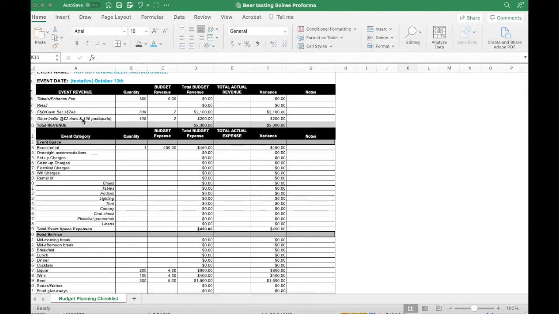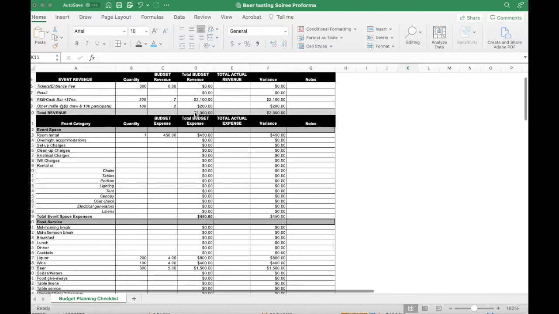I'm also going to have a raffle, $2 per drawing. I'm estimating that 100 people will participate, so we're looking at $200 there, for a grand total of $2,300 for this particular beer tasting event.